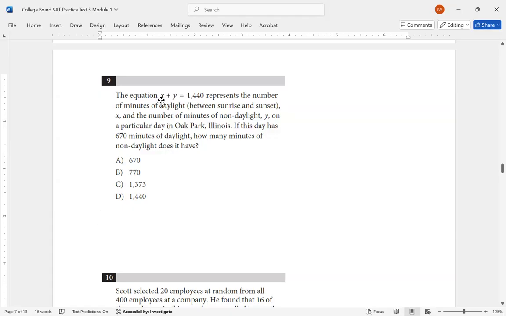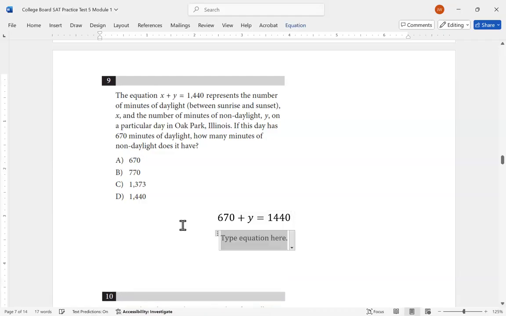So daylight is the X value, non-daylight is the Y value. And so if I know that the X value has to be 670, then 670 plus Y has to be equal to 1,440. And I can solve that equation by subtracting 670 from both sides.